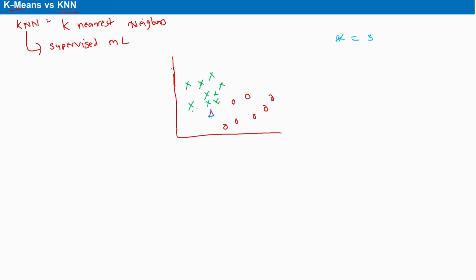In this case, suppose these 3 data points are closest to the query data point. Then it will look at the label of these three data points. Here the label of these three data points is positive. Because of that, this query data point is classified as the positive class. Like that, k nearest neighbor works.